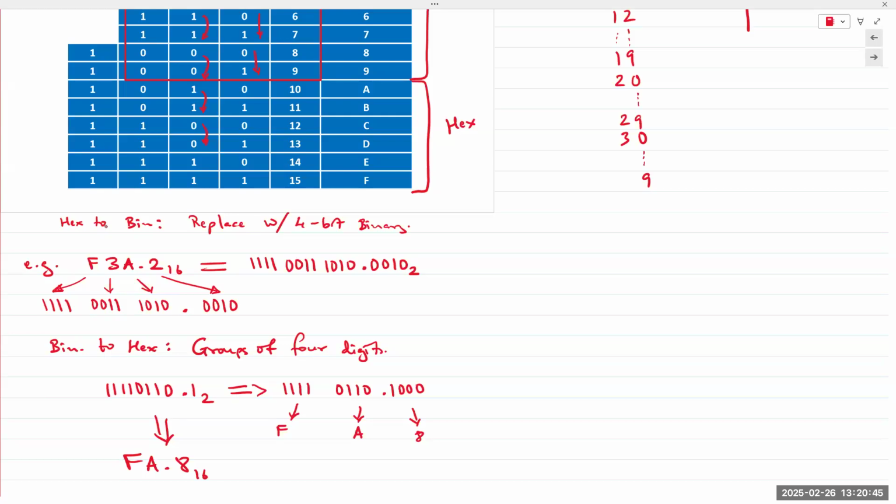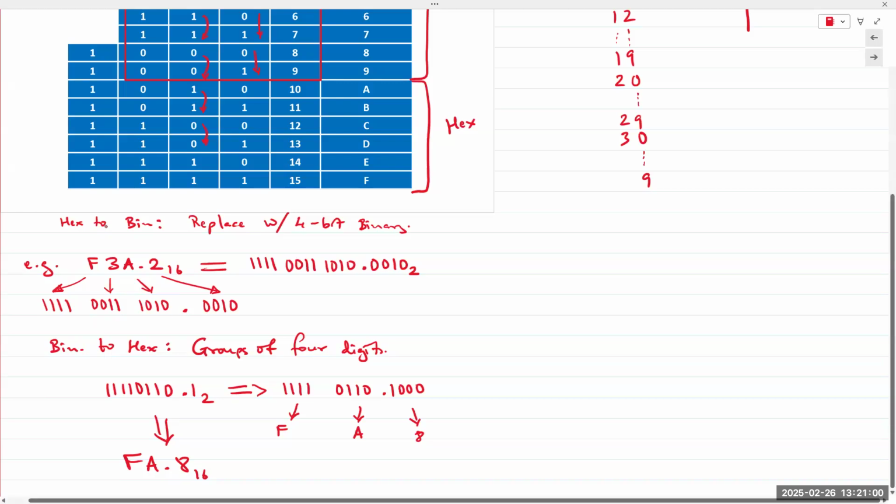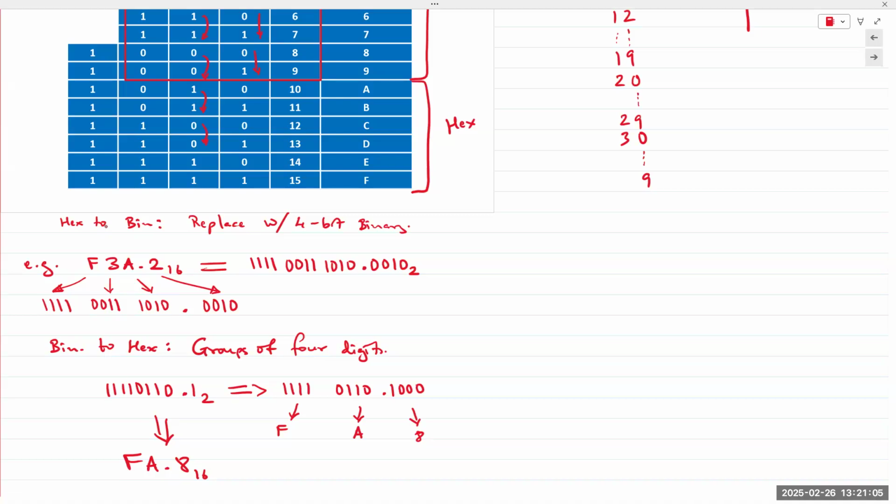All right, so that is hex to binary and binary to hex. A question was asked about the decimal point. I think the question is that we begin with the decimal point and then move left and right.